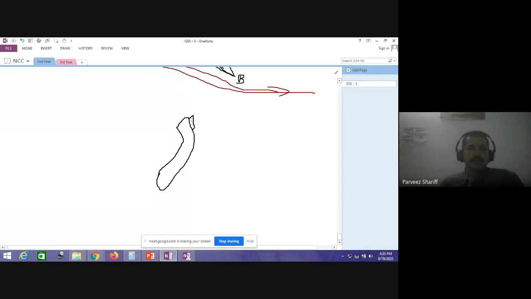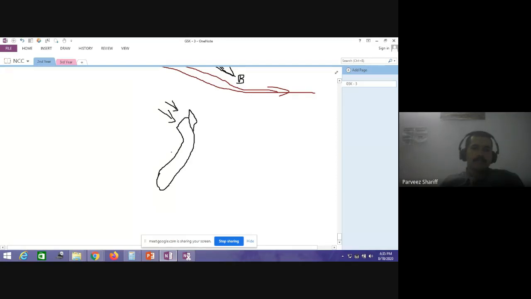Assume this is a rudder, and if the rudder moves to the right side, then what happens? The wind will increase the camber to the right side and push the aircraft.